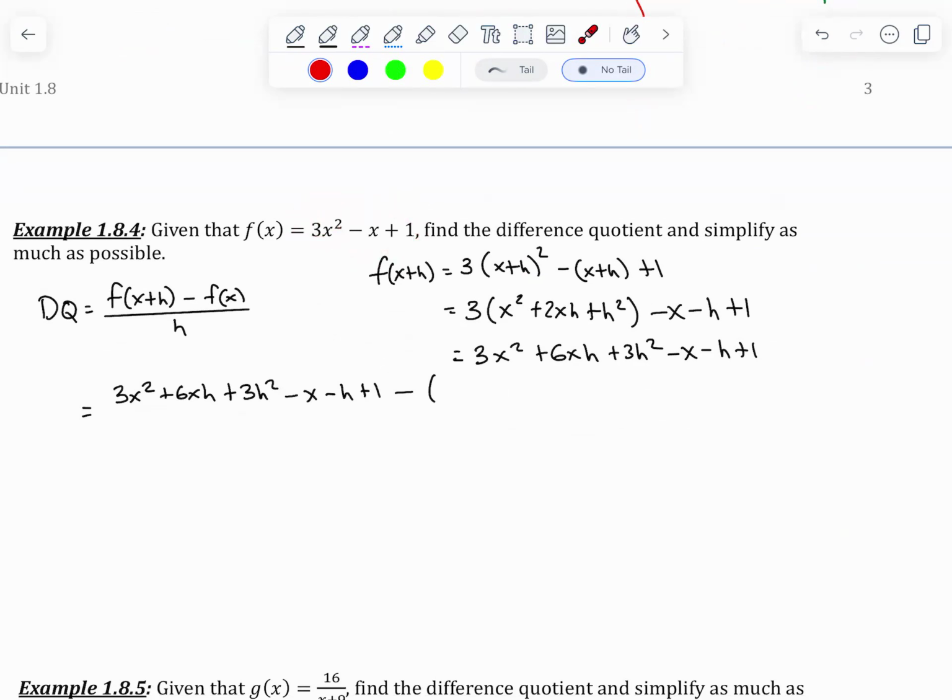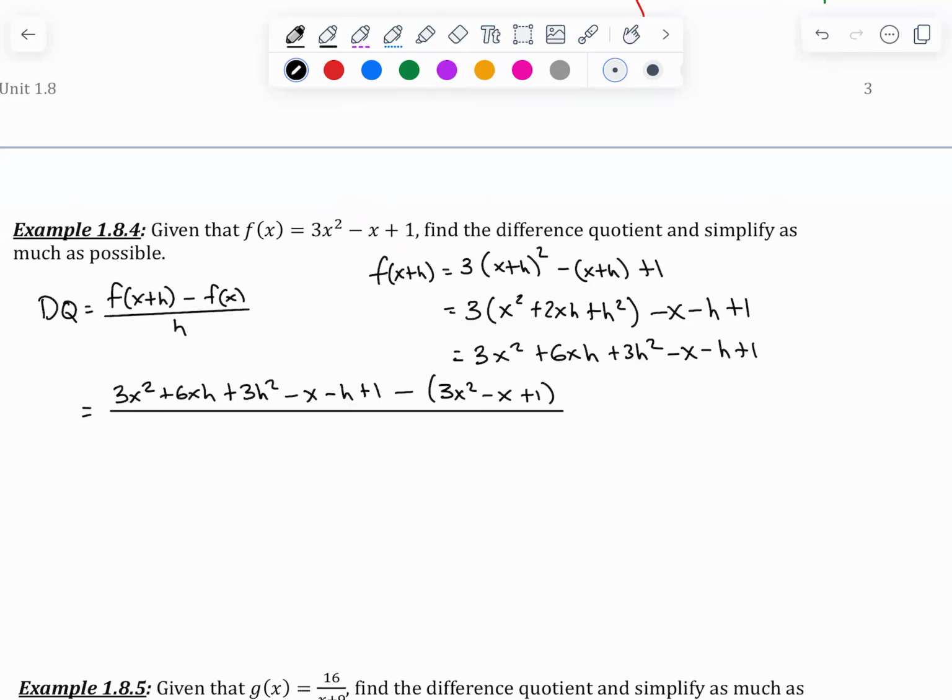If I was just subtracting 3x squared, I wouldn't have any issue because I don't need to distribute a minus sign. But since there's multiple terms, I have to distribute it. So that's going to be minus 3x squared minus x plus 1, all divided by h.